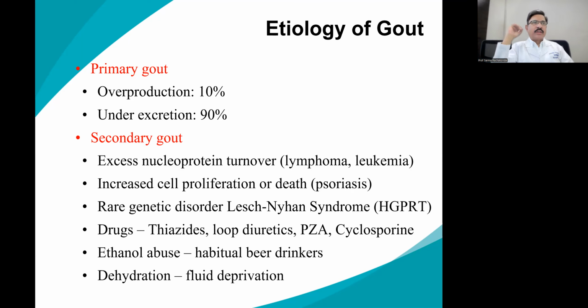Suppose I am using thiazide diuretics, they are gout producing, as are loop diuretics and pyrazinamide, particularly in the treatment of tuberculosis, causing hyperuricemia. Recently, 2 months back, I had a lady around 45 years, whom I put on tuberculosis treatment for cervical tuberculosis. She ended up with 11 milligrams of uric acid and had joint pains. What do you do in that situation?